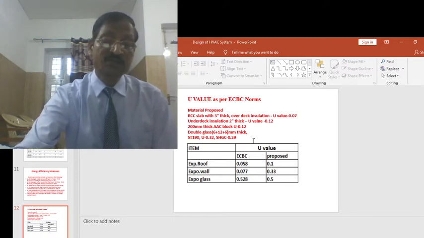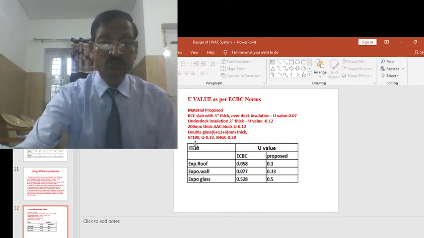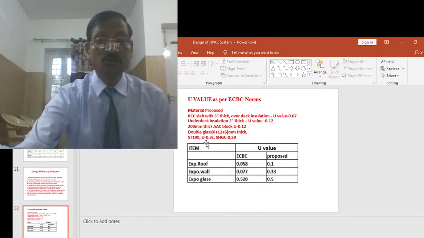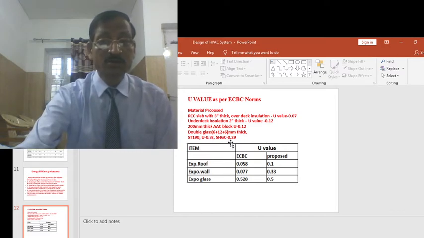In double glass, we use a glass 6 mm thick, 12 mm air gap, then again glass of 6 mm thick. The glass used is ST190, U value is 0.32 and solar heat gain coefficient of 0.29. These are the U values as per ECBC, and these are generally the U values we use.